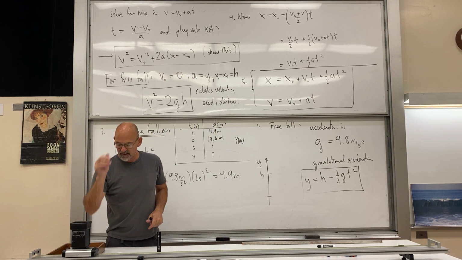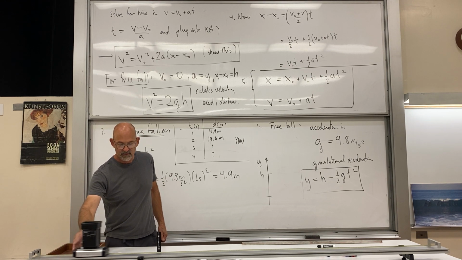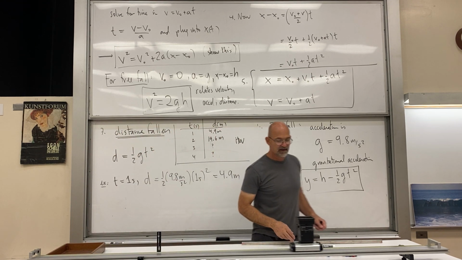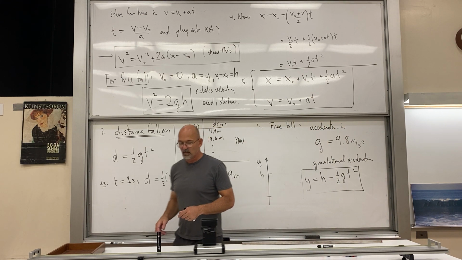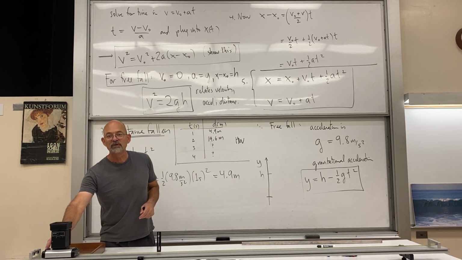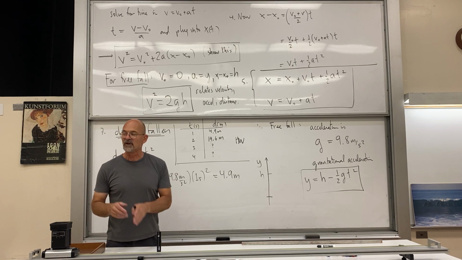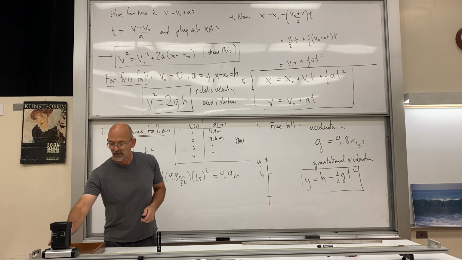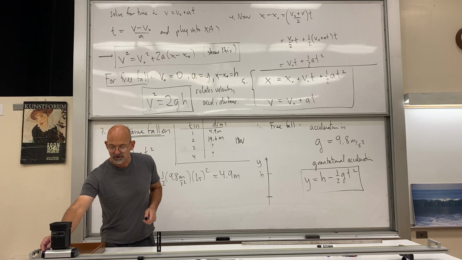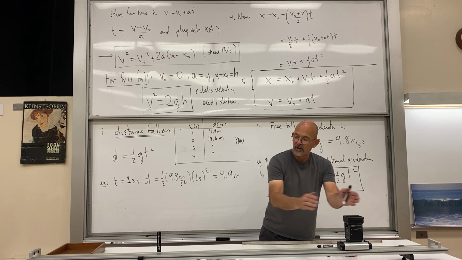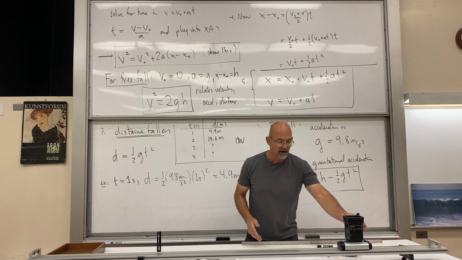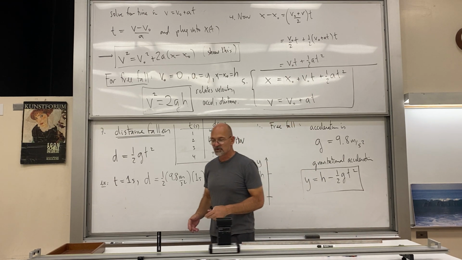This is a car that will move along a track, pretty low friction. So what I demonstrate with this right now is what's called uniform motion. This is constant velocity motion. And I just give it a push, and it's going just as fast now as it was when I let go of it. Okay, that's the idea, uniform motion.